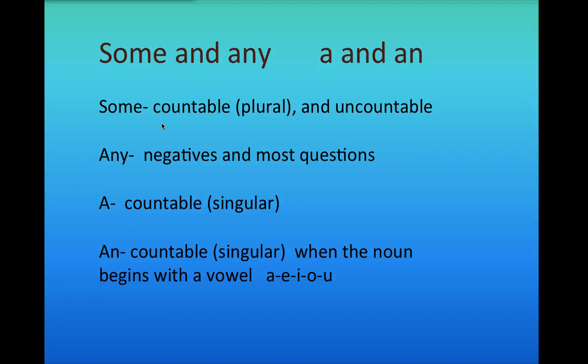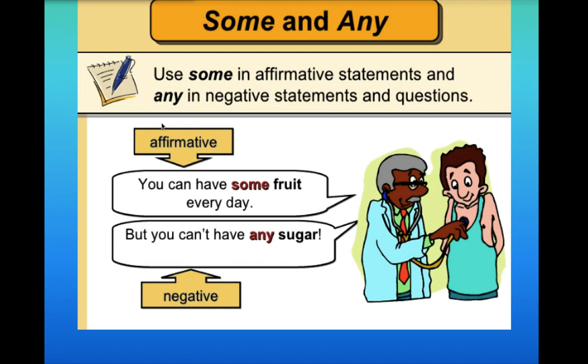Now, we're going to be talking about some, any, a, and an. Some we use for countable plural and uncountable nouns. Any we use for negatives and most questions. A we use for countable singular nouns, and an, countable singular nouns, but these nouns begin with a vowel: A, E, I, O, or U. So here's a slide.